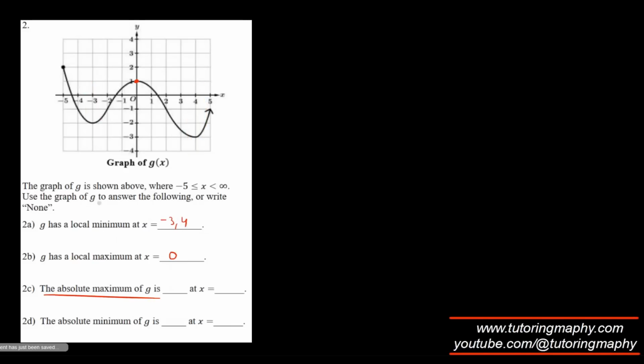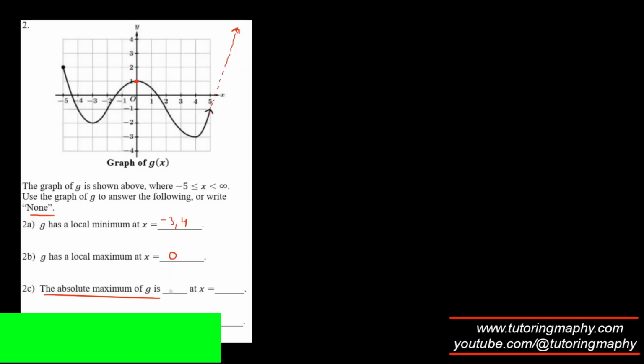Absolute maxima is the maximum point over here, but be a little careful, because although it looks like the maximum point is this, look at this arrow. This arrow means that it keeps going forever. It means that its maximum will be infinity, and infinity is basically, we write, does not exist, right?